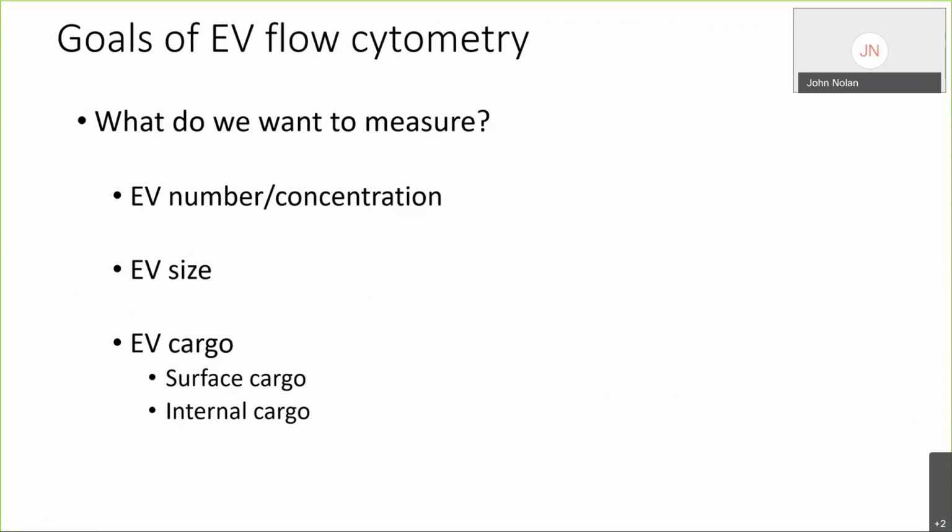So what do we want to measure when we try to use flow cytometry to measure vesicles? It's pretty simple, really. We want to know how many there are, the number of vesicles, or more often the concentration. So we need to count them. We need to know how much volume we measured. We want to know something about the size, because size is a distinguishing feature of EVs.